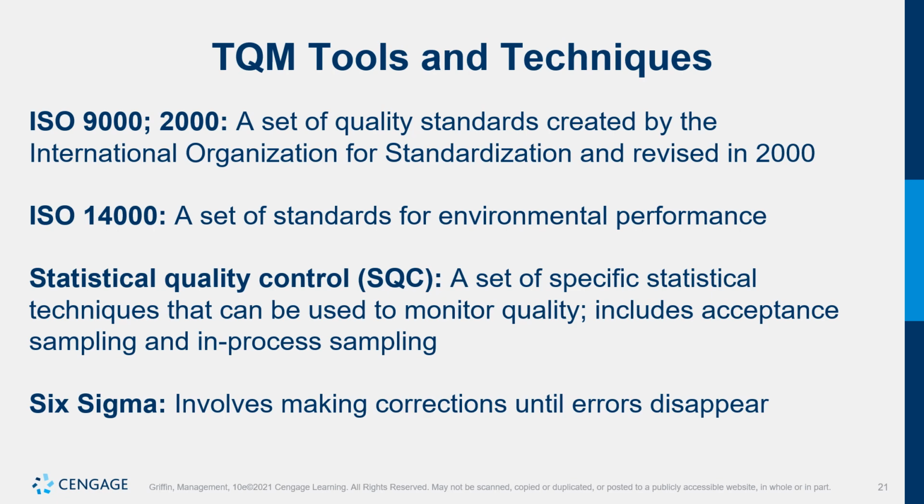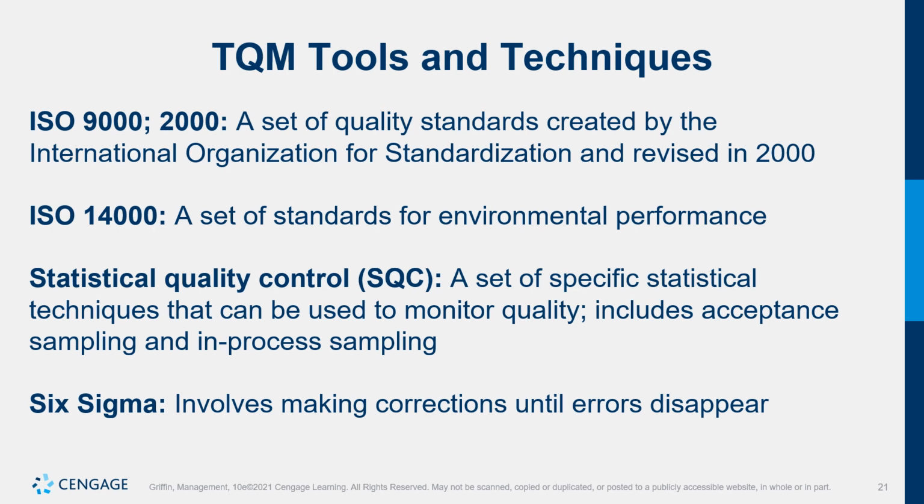ISO 9000 or 2000 and ISO 14000 are sets of quality standards created by the International Organization for Standardization. The ISO 9000 2000 standard focuses on quality issues, whereas ISO 14000 focuses on environmental performance. By meeting ISO standards or by requiring its suppliers to meet the standards, a firm can improve quality.